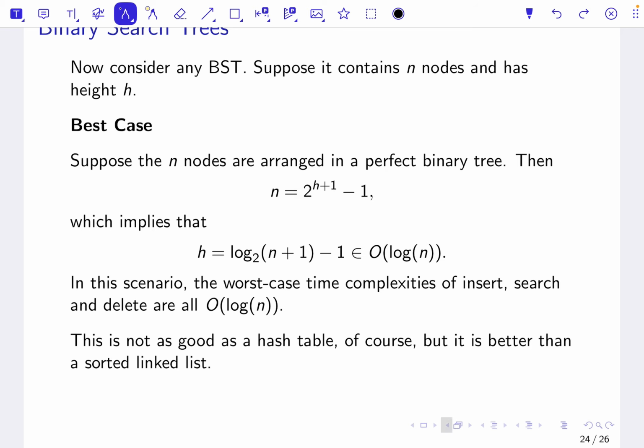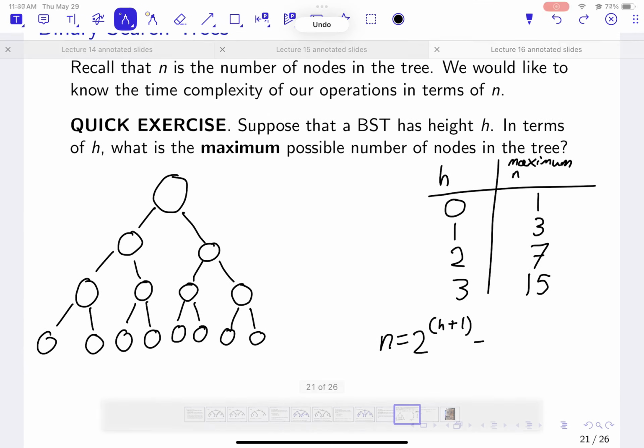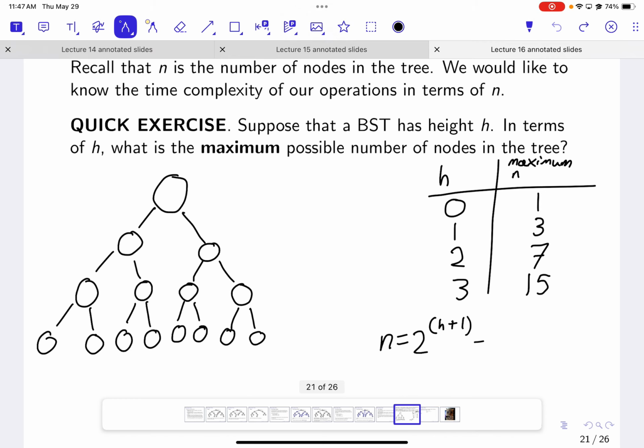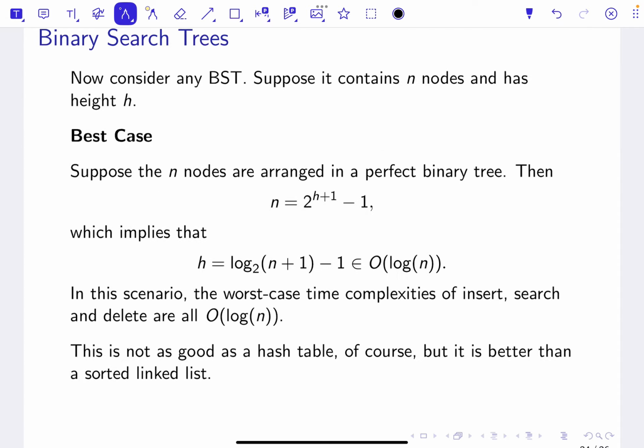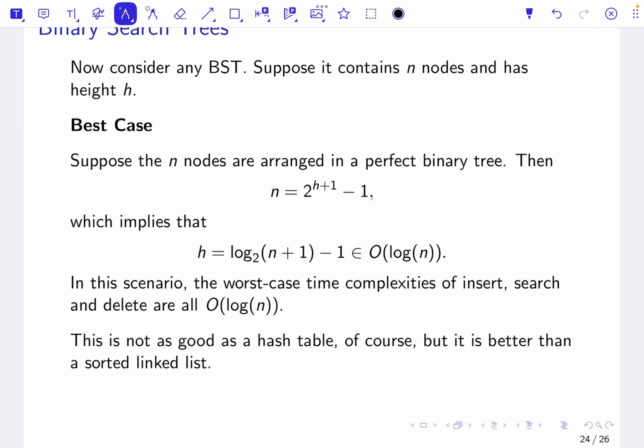And you'd end up with h equal to log base 2 of n plus 1, minus 1.